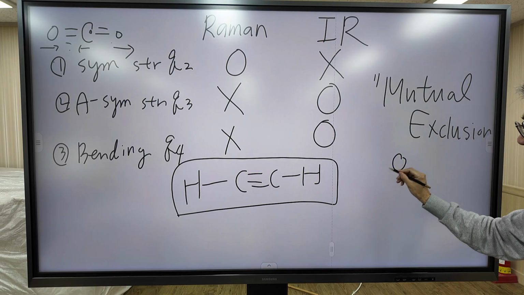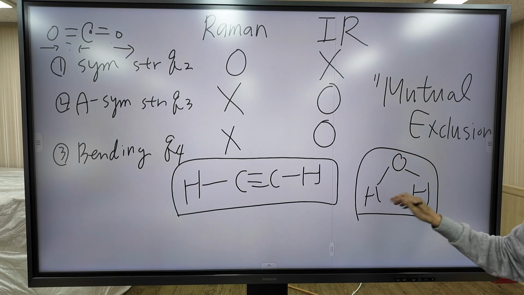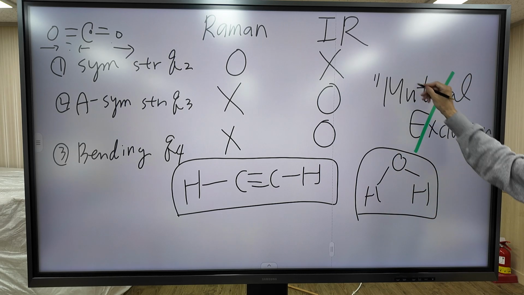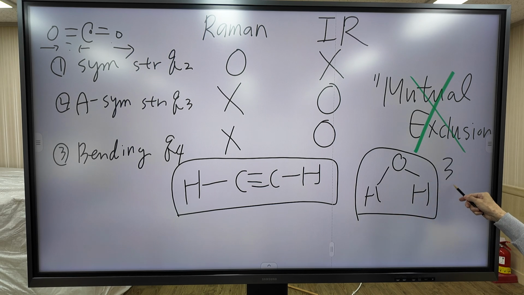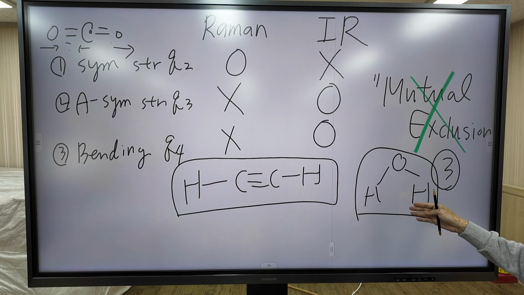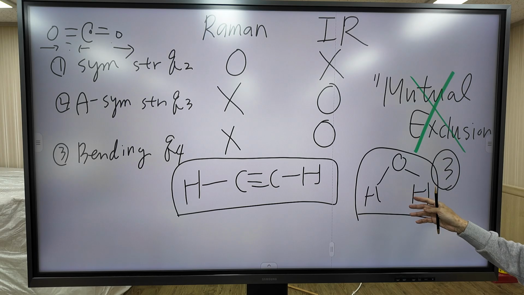But this molecule, the H2O molecule, does not have an inversion center, so this rule does not apply. The H2O molecule has three vibrational modes, and all three are Raman active and all three are IR active.